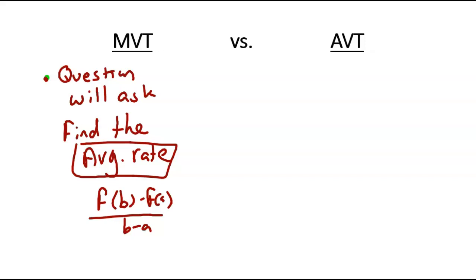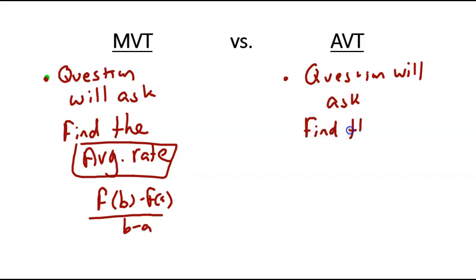Okay. For the average value theorem, the question will ask to find the average value. So if you see a question say find the average value, they want you to do this.